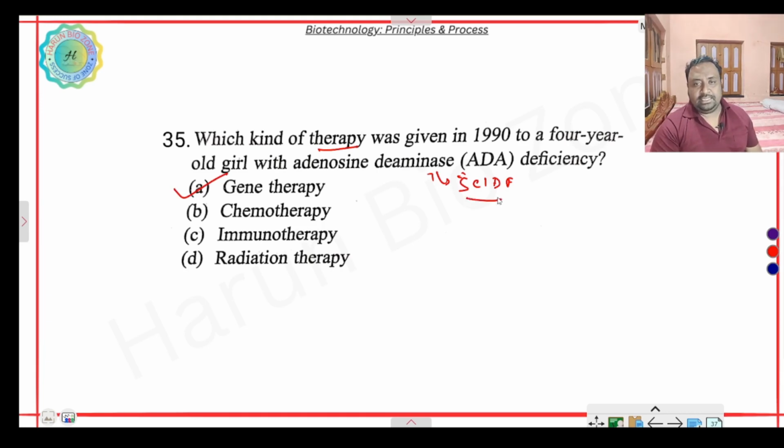Due to inactivation of adenosine deaminase, there is no production of lymphocytes. If no lymphocytes are produced, no B cells and T cells are produced, so no immune system. And chemotherapy, immunotherapy and radiotherapy are used against cancer.